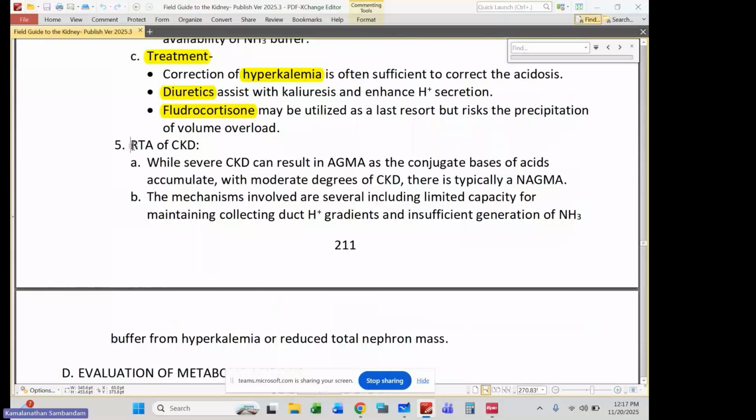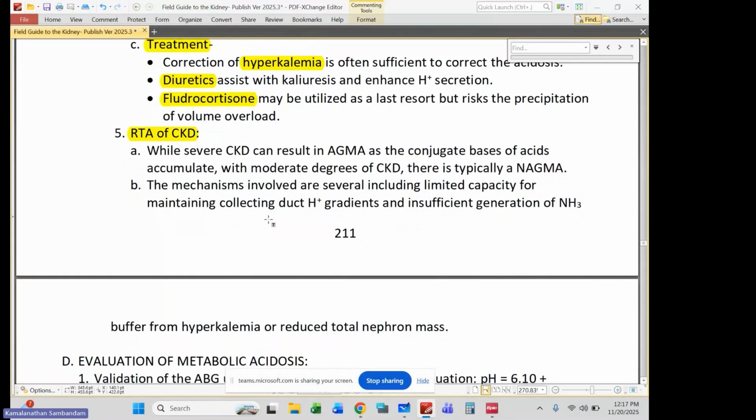to other forms of non-GAP metabolic acidosis of renal origin. Certainly the most common of those are the RTAs of CKD. Okay, that is a renal tubular acidosis as well, even though we don't have a numbering system to capture that very common form of non-GAP metabolic acidosis.